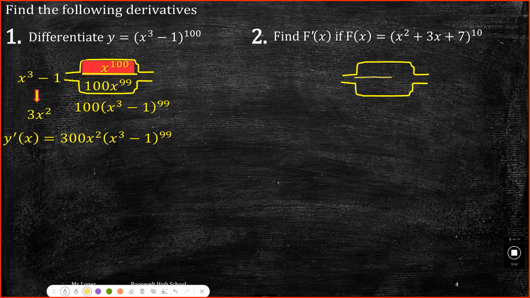Say it just while you're working on it. What's the outer function? x to the 10th power. The inner function is going to be x squared plus 3x plus 7.